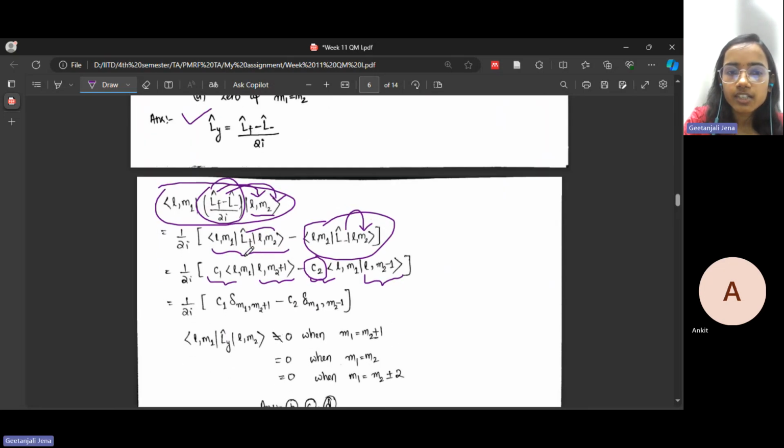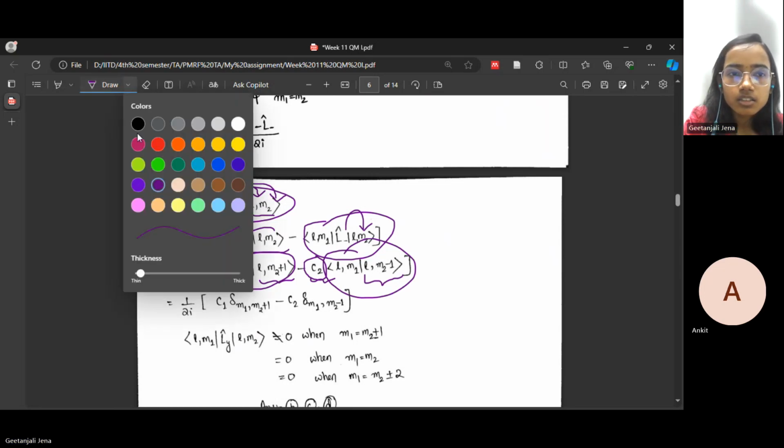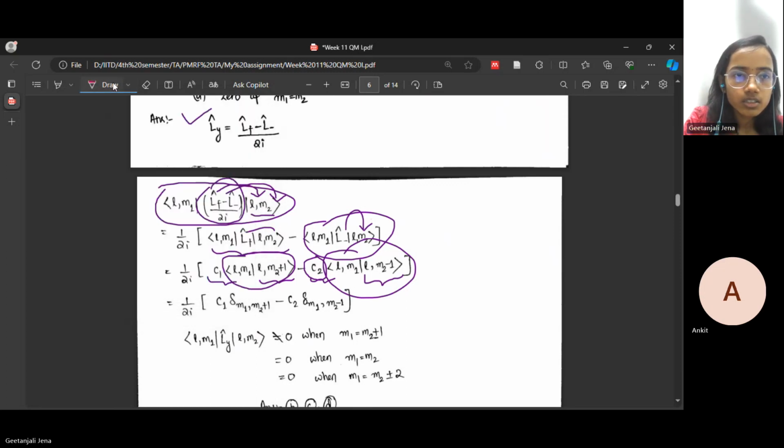Now, if you check these, these are nothing but Kronecker delta expressions. For the first term, you will get delta M1 with M2 plus 1, and for the second term, it will be M1 and M2 minus 1.